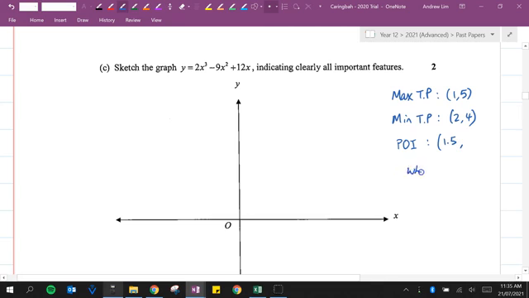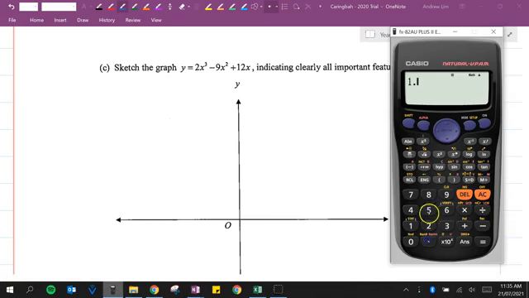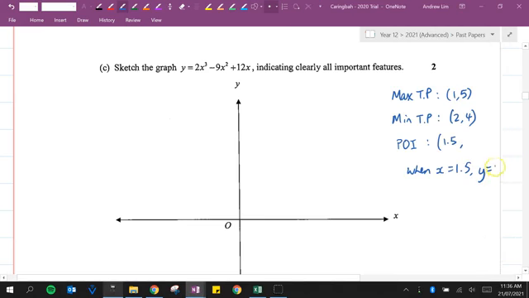When x is 1.5, y is equal to 2 times 1.5 cubed minus 9 times 1.5 squared plus 12 times 1.5, which is 4.5. Another important feature is probably the y-intercept. The y-intercept is when x is equal to 0, which in this case is just 0.